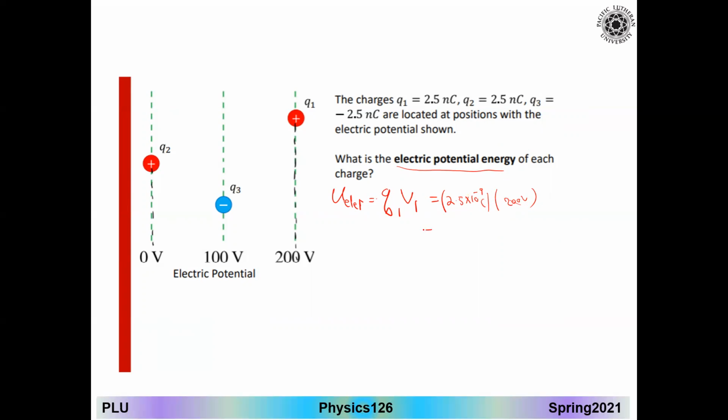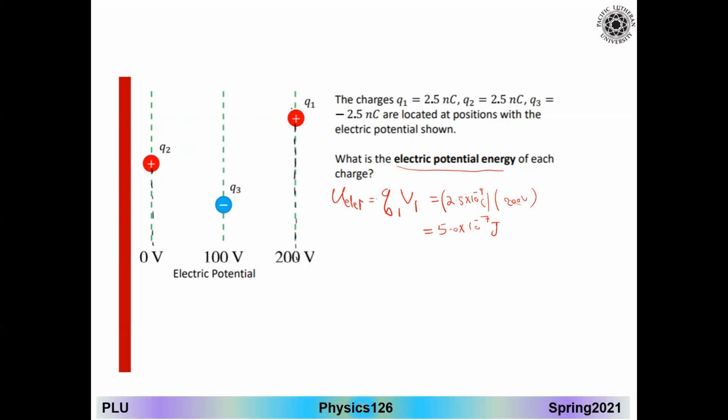We end up with the first value: 2 multiplied by 2.5 is 5, times 10 to the minus 7. What's the unit? Joule. That's the first electrical potential energy.